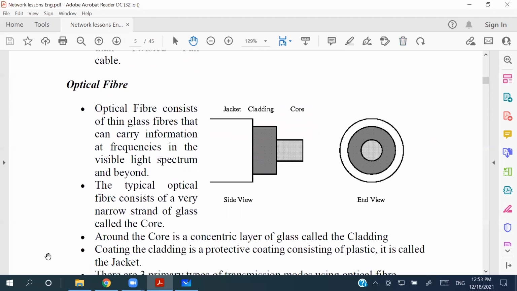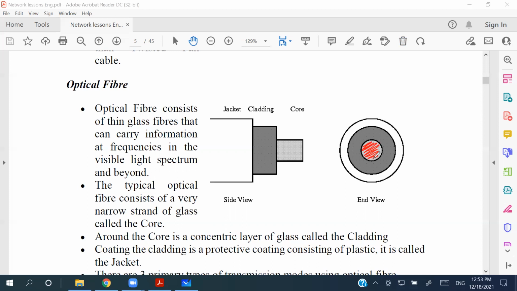And when it comes to the optical fiber, this is the most expensive one, and it gives you the highest speed of data communication. The reason is that inside the cable it uses light to communicate the data. It is a very thin glass tube.